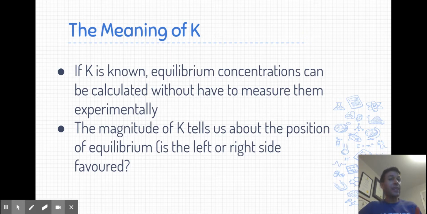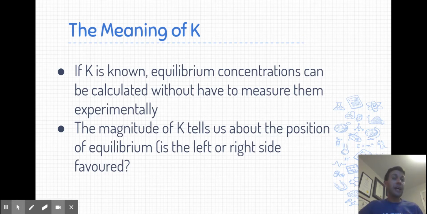You'll note that in all of the quantitative problems we've solved so far, we've always been given one equilibrium concentration. Well, if we know the value of K, we don't need that anymore. We don't have to be able to measure anything at equilibrium.